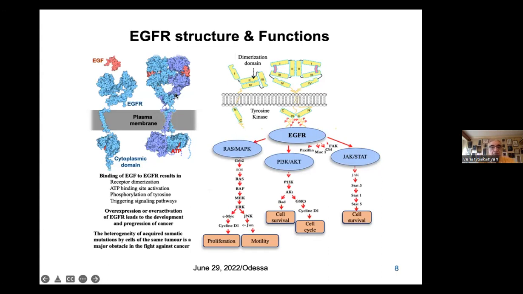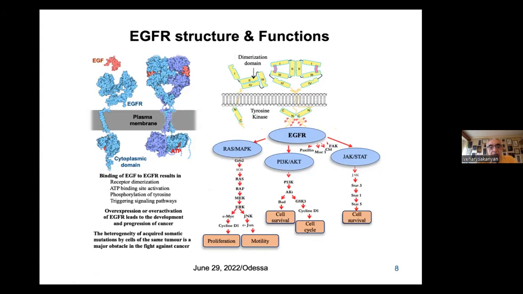The dimerization is very important because, first of all, it is necessary for the activation of the receptor. It seems there is some kind of topological action, where this change leads to the formation of the dimeric form and the activation of the ATP binding site.